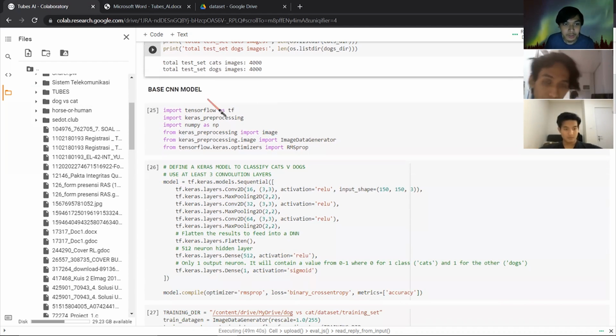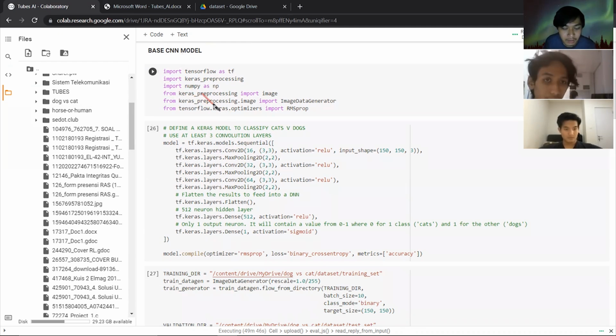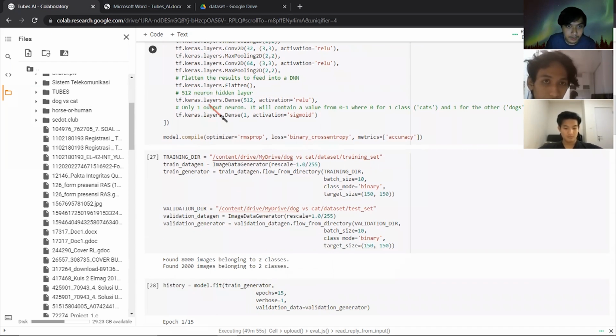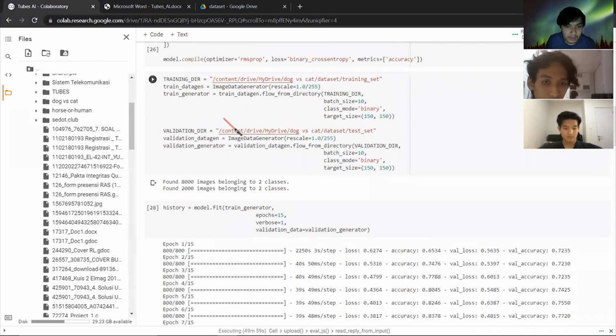And then we use the base CNN model. The CNN model we can code with this code. And by the code we can find 8,000 images belonging to the class.